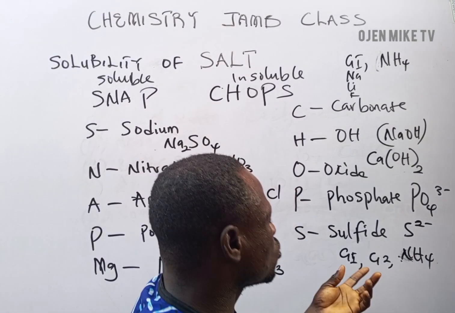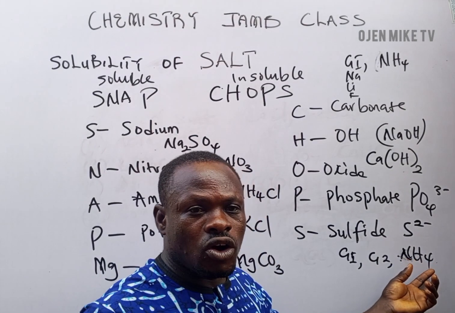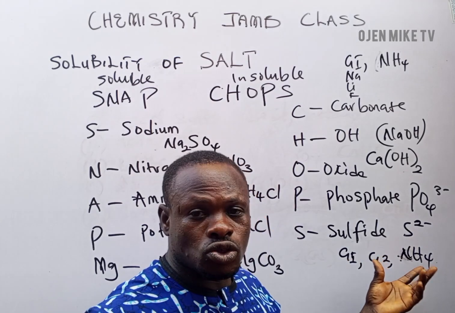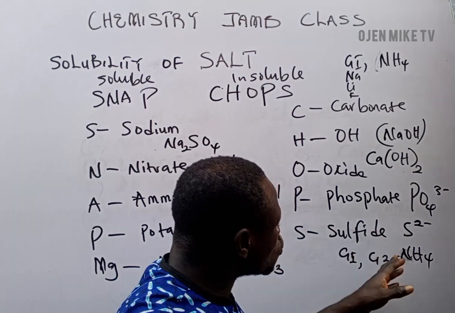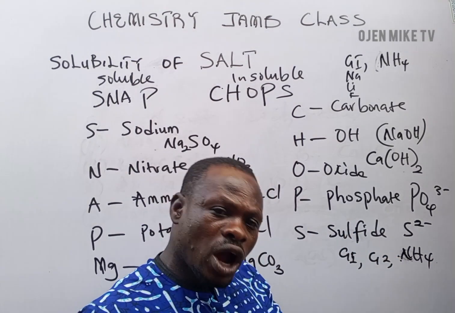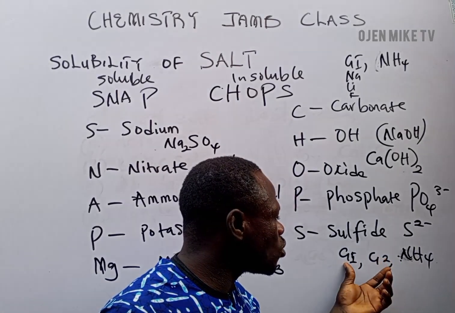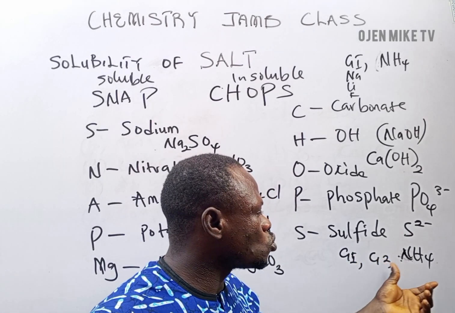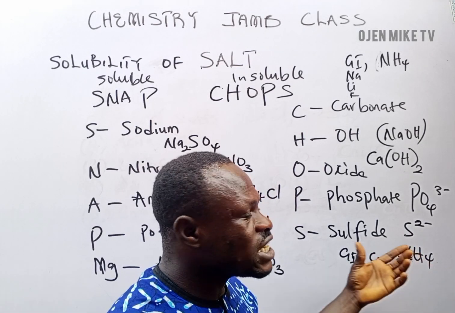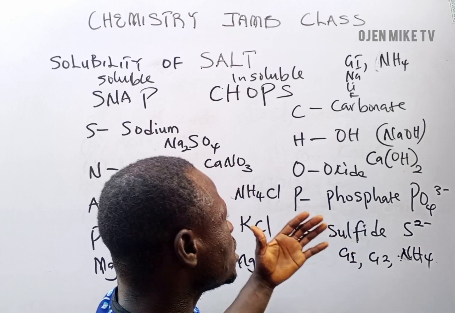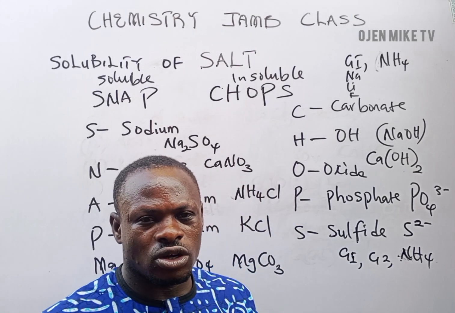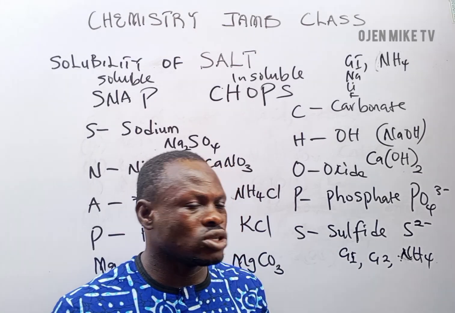Any salt that contains group 1, group 2 or ammonium is soluble. Apart from that, all sulfides are insoluble, with the exception of those of group 1, group 2 and ammonium. That is how you can identify salts that are soluble and salts that are insoluble.